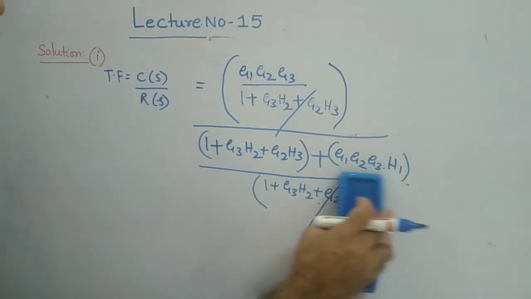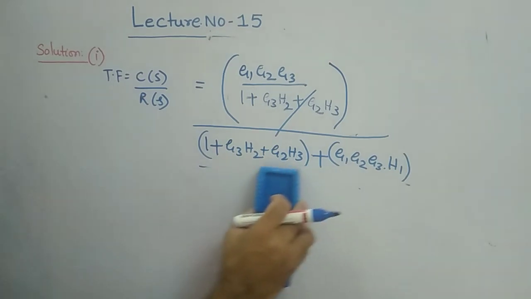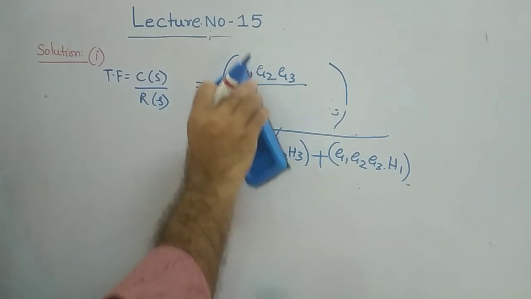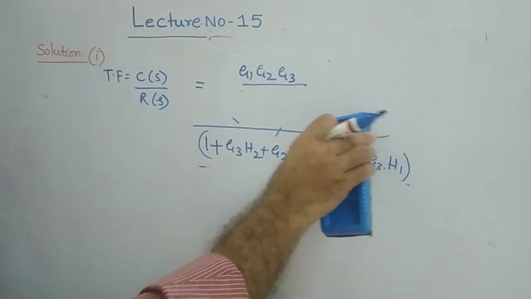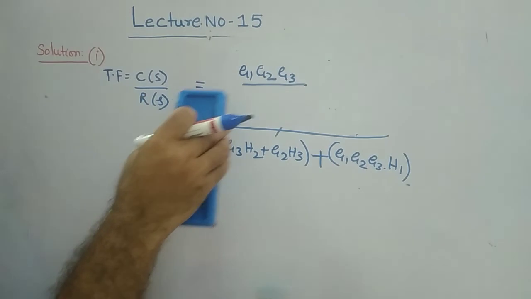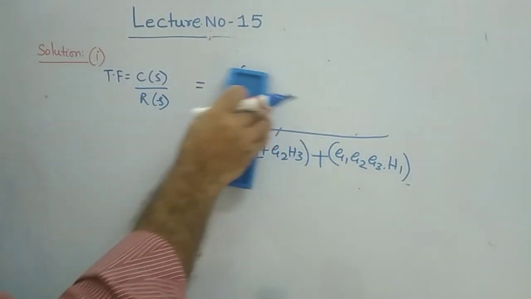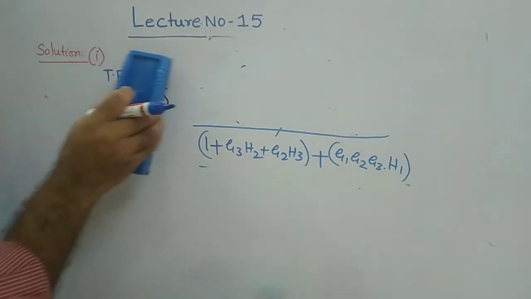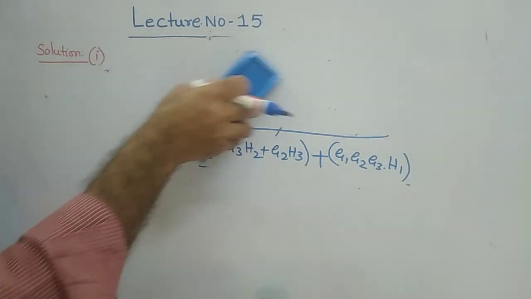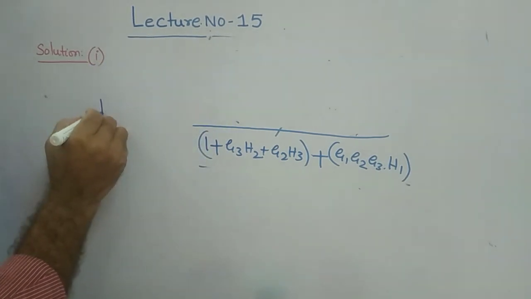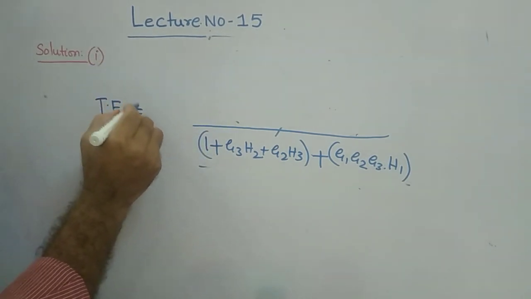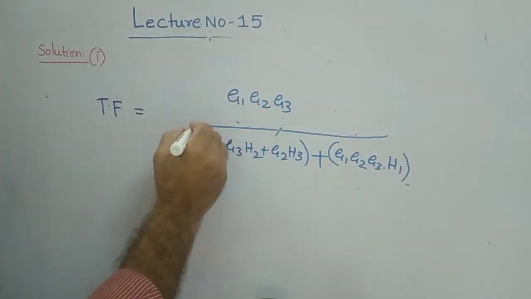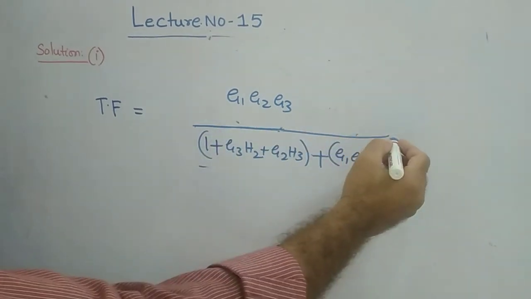Like this: G1, G2. Your transfer function is nothing but G1, G2, G3 by this one.